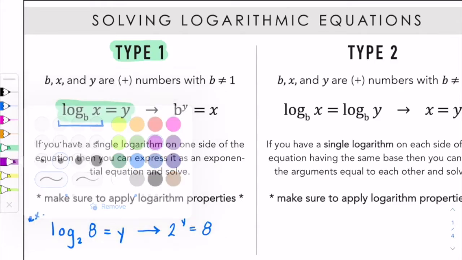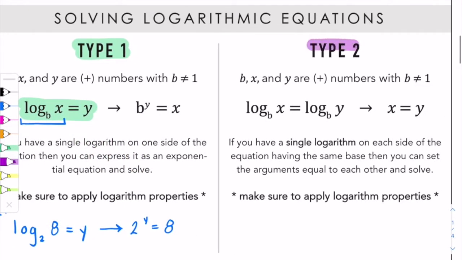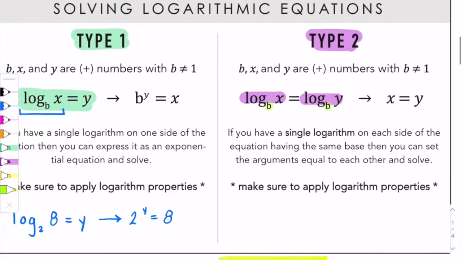And that brings us to type 2. Type 2 is when you have a logarithm on both sides of the equal sign. If that's the case, and your base is exactly the same on both sides, then you can just set the arguments equal to one another. Same thing goes here, you might have to use log properties in order to simplify.